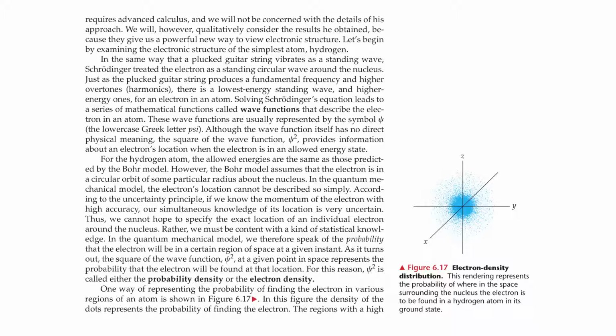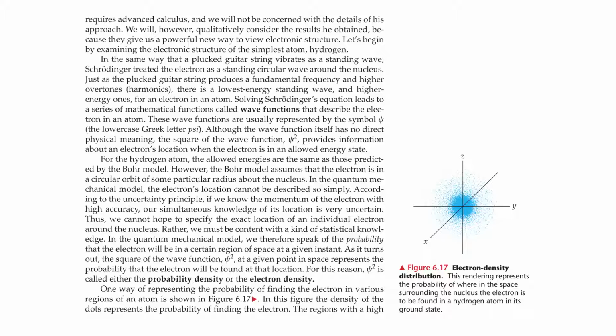One way of representing the probability of finding the electron in various regions of the atom is shown in Figure 6.17, Electron Density Distribution. This rendering represents the probability of where in the space surrounding the nucleus the electron is to be found in the hydrogen atom in its ground state.